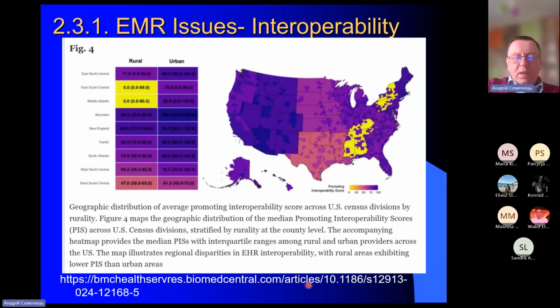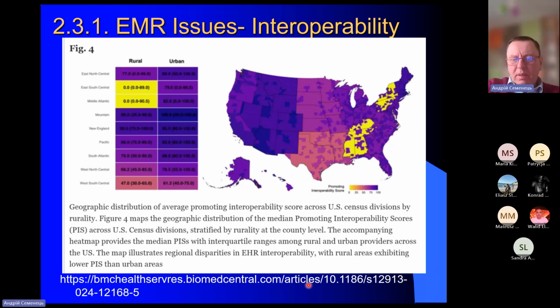Despite this, we still have issues with interoperability. Here is more or less recent information about the United States. It's already post-COVID. It's from the 2022 database, but still it's in yellow.